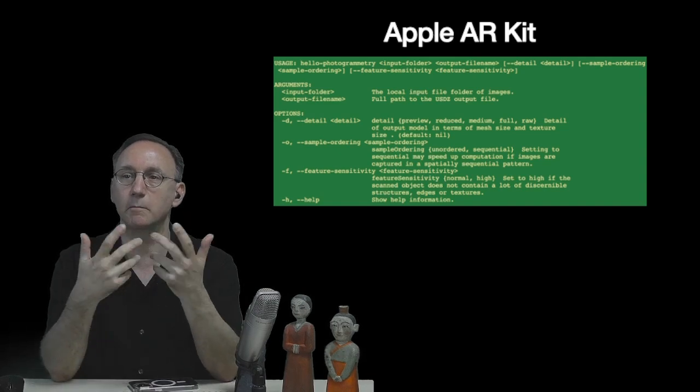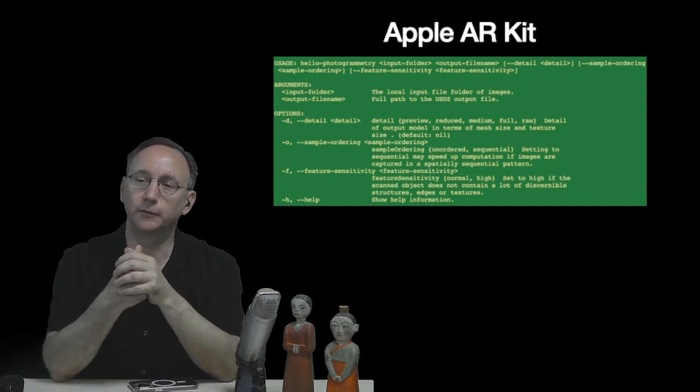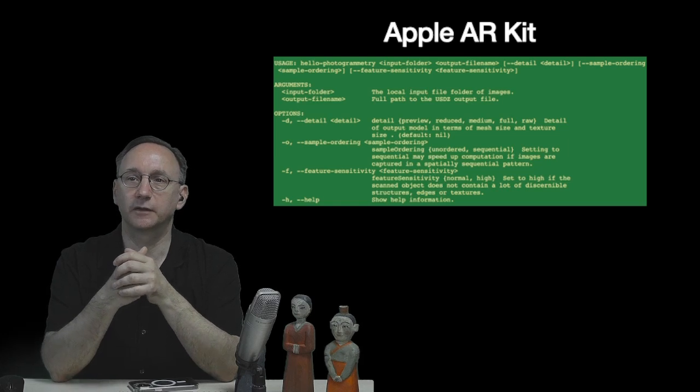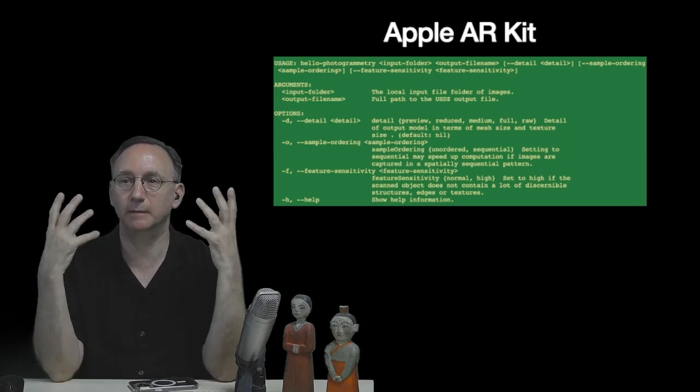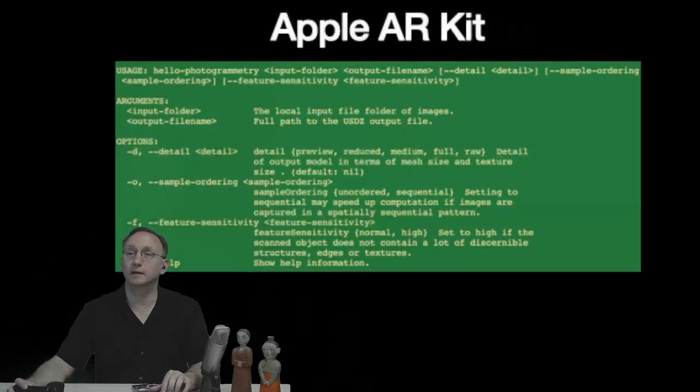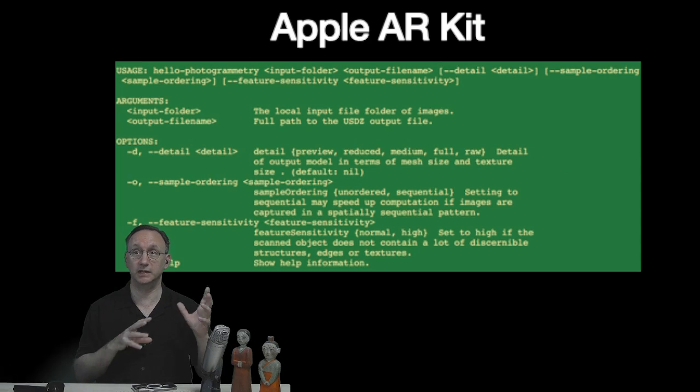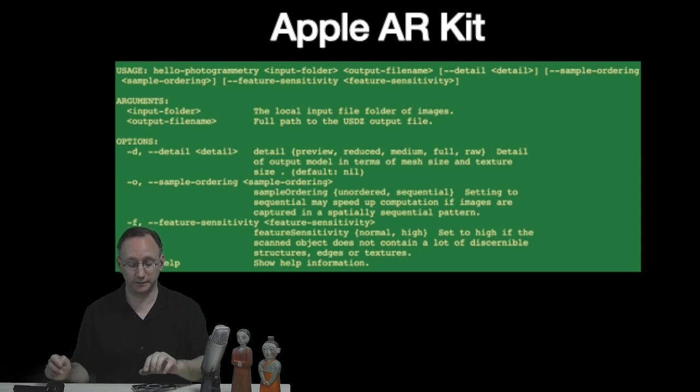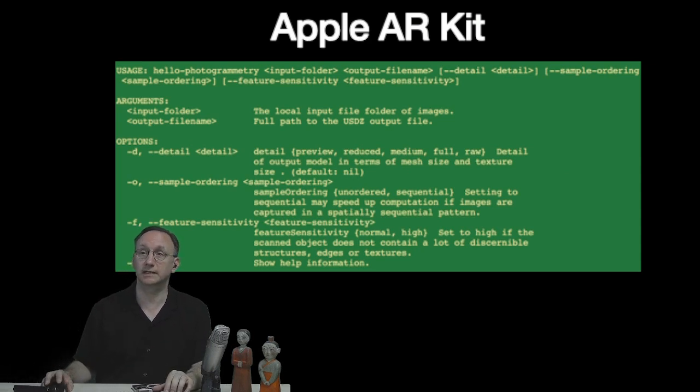So this is a command line tool for creating a 3D object, and in the background it is using the Apple AR Kit, and we are going to do the same process now in real time that we did using Visual SFM.